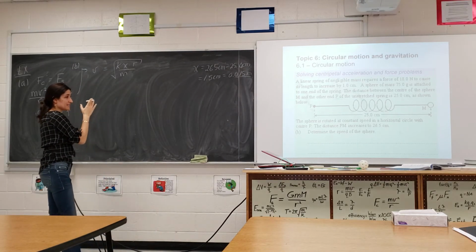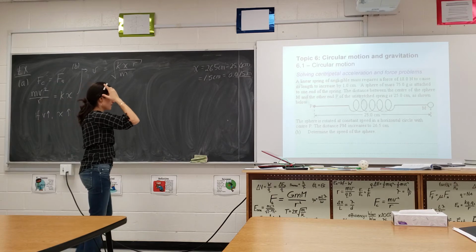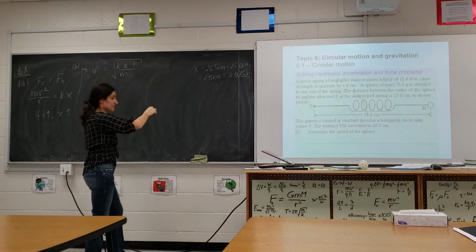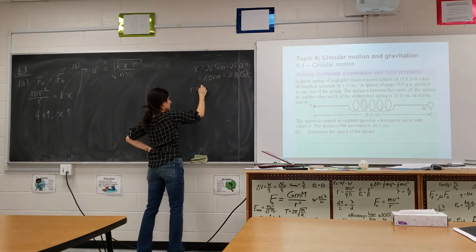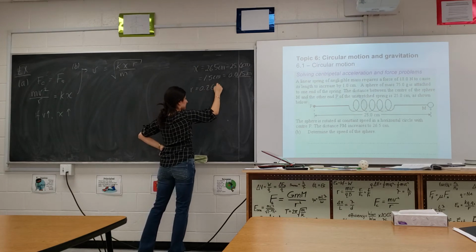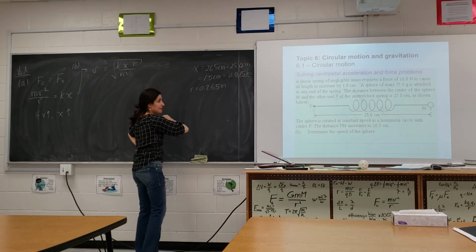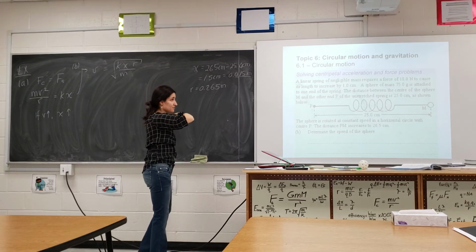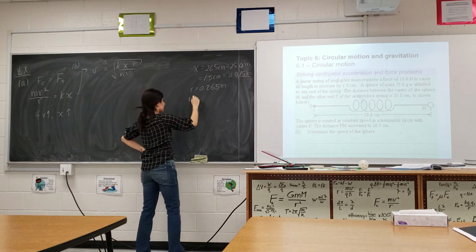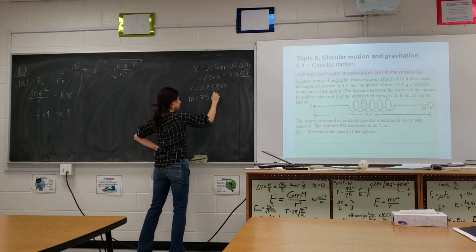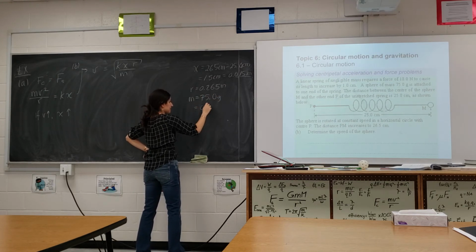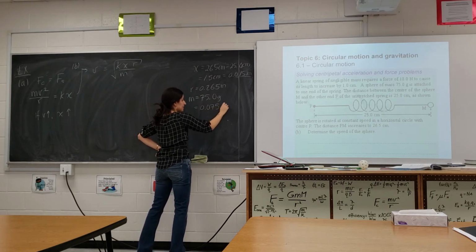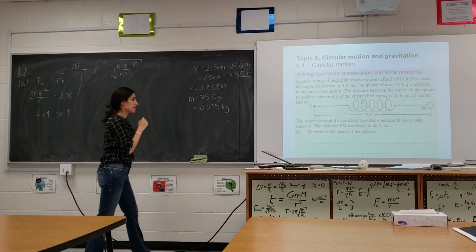My r value, that's the distance from the axis of rotation, is going to be 26.5 centimeters or 0.265 meters. Let's see, what else do we have here? The mass at the end of the spring, 75 grams. So if we divide that by 1,000, we'll have 0.075 kilograms.